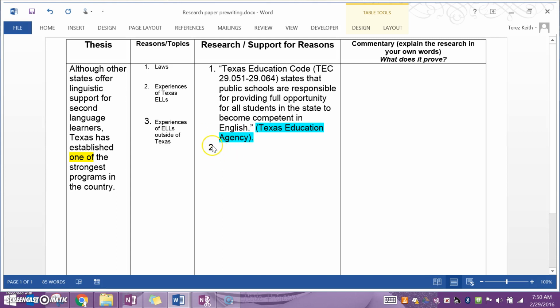All right, now I'm writing 2 because I'm going to give a quote that connects with experiences of Texas ELLs. And I'm going to take this from the survey that I did, that Google form.